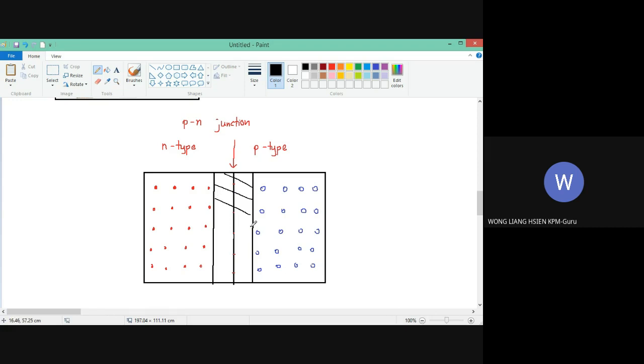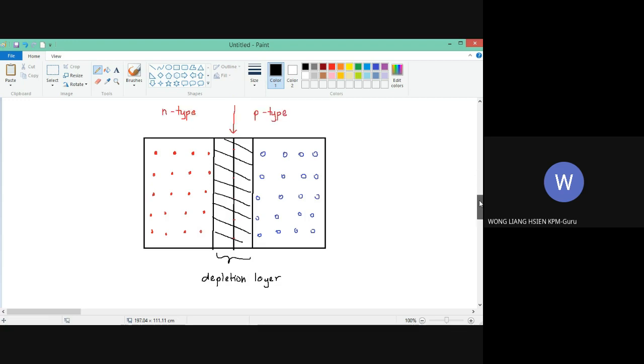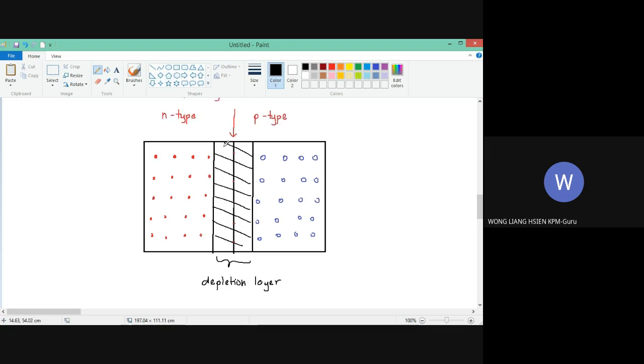Okay, so in this layer there is no charge carrier. So you see this depletion layer, it becomes like a wall that separates the N-type semiconductor and the P-type semiconductor.